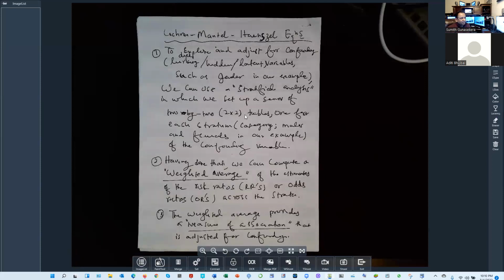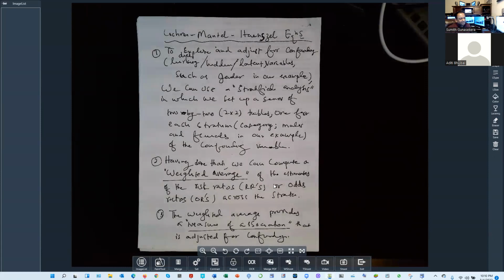But here, a series of 2 by 2 tables, one for each stratum. Stratum means each category. In our case, one for male, one for female, in our example of the suspected confounding variable. Having done that, we can compute a weighted average of the risk ratios. See?